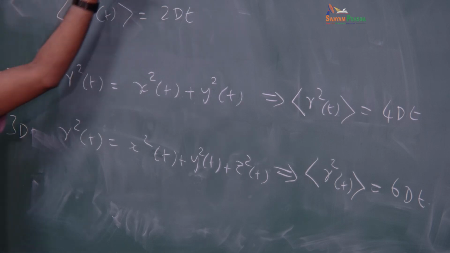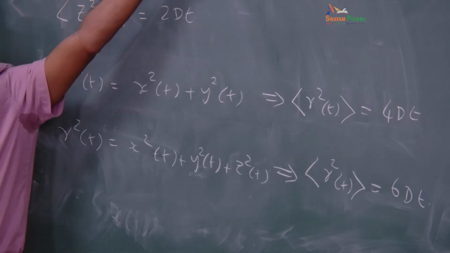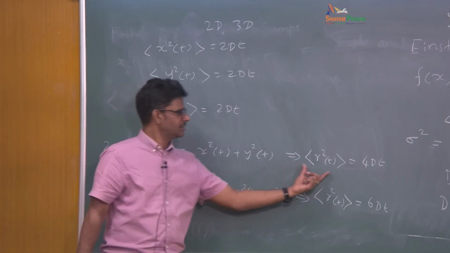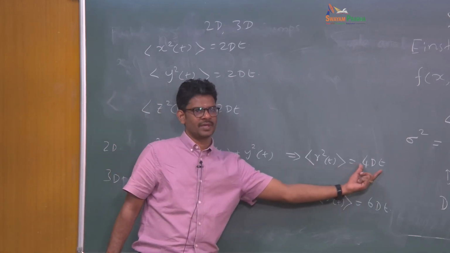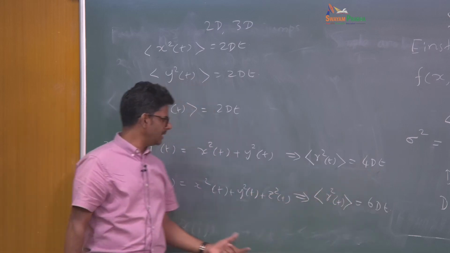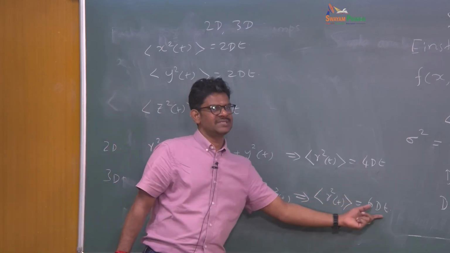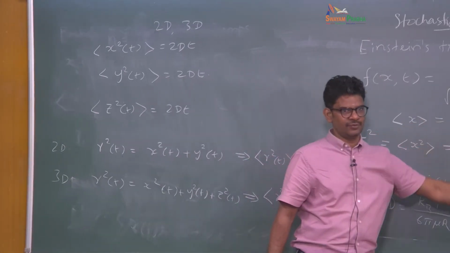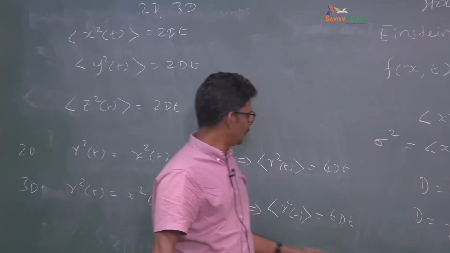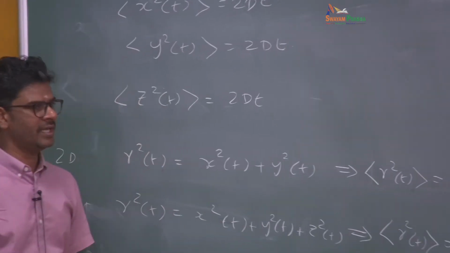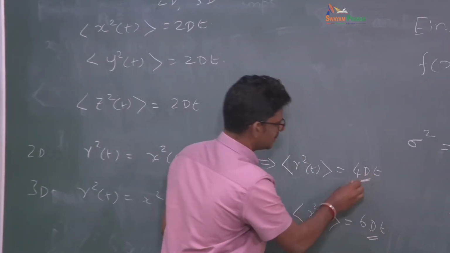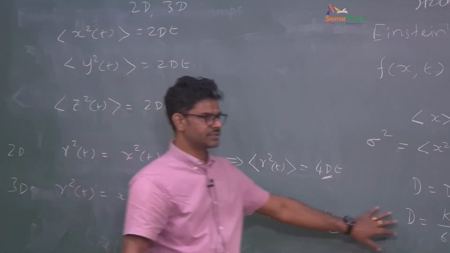Each dimensionality adds 2Dt of mean square displacement. So in 2 dimensions, the mean square displacement will be 4Dt, and in 3 dimensions, it's going to be 6Dt. Similarly, here I have written for 1 dimension. If you do it for 2 dimensions and 3 dimensions, you will also get 4Dt and 6Dt. But in all these cases, the coefficient D is fixed by these factors.